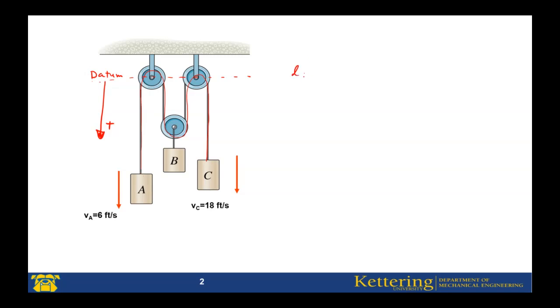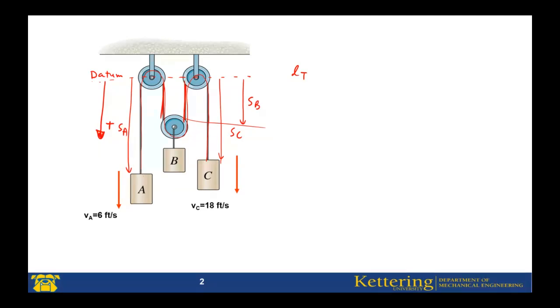If I find the total length of the chord, LT is the total length of the chord. Now for the total length, this length shows SA, the position of A, and from this datum line, this part shows SC, and these two are SB.